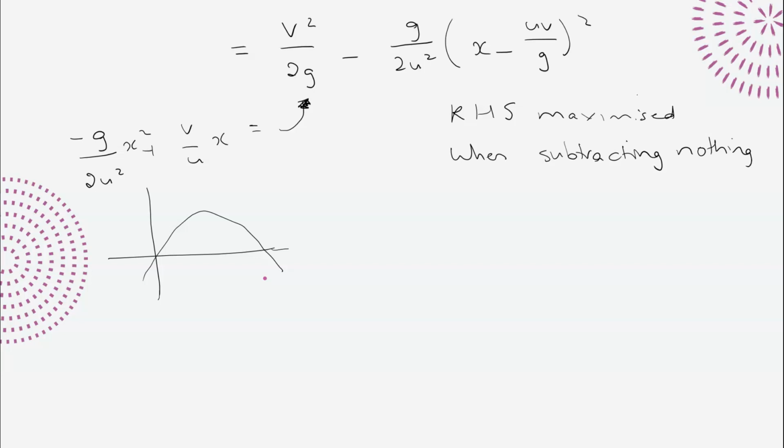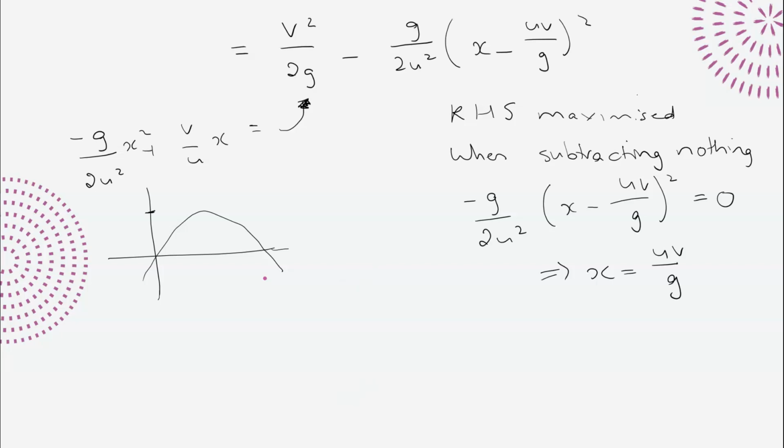In other words, negative g over 2u squared times x minus uv over g has got to equal 0, because that will be the biggest y value. If we take off the least, then that will give us the biggest y value, and the least bit, the bit that we're taking off, is the bit that's subtracted, and then from that you can see that x equals uv over g.